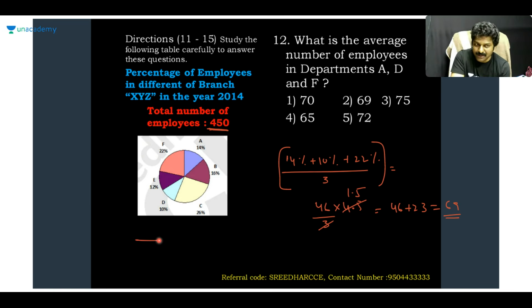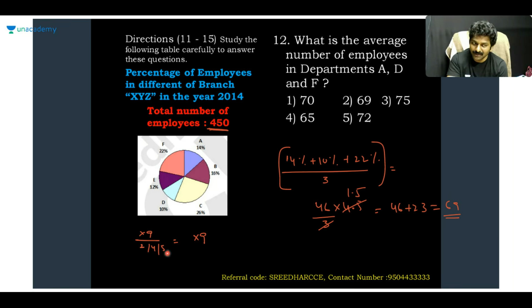So your numerator value is a multiple of 9. And whether you have 2, 4 or 5 departments in the denominator, your numerator being a multiple of 9 will be there as it is. So answer should be a multiple of 9.